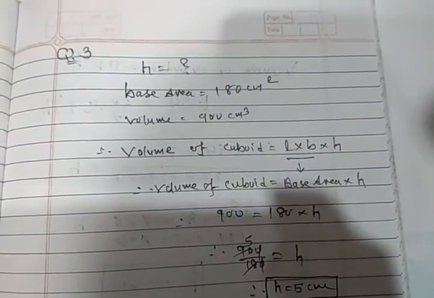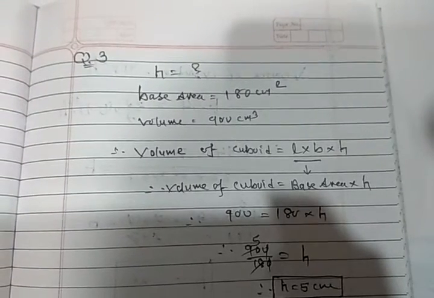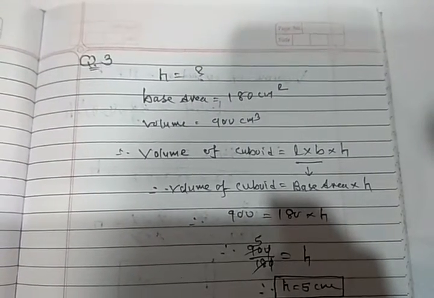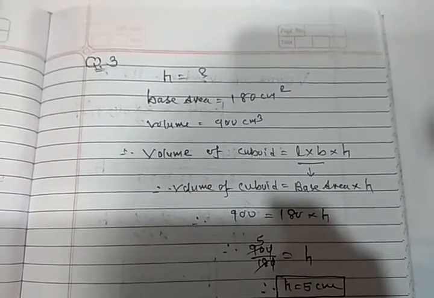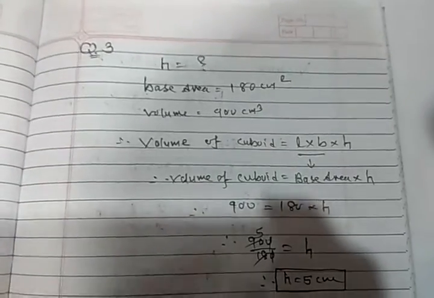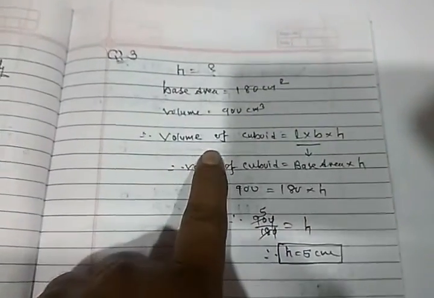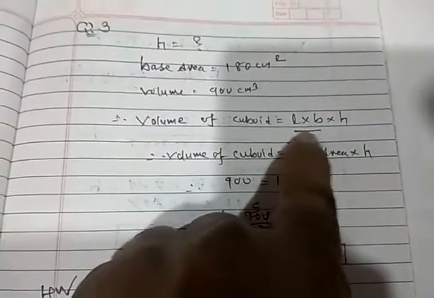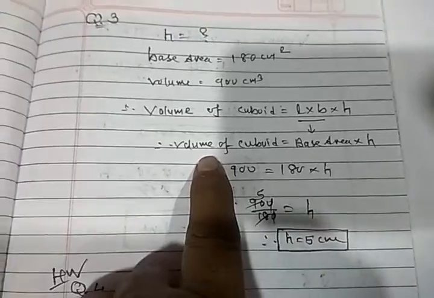Question number 3 is: find the height of the cuboid whose base area is 180 centimeter square and volume is 9900 centimeter cube. According to the problem, I have written the data. H is equal to question mark; we have to find the height. Now volume of cuboid is equal to L B H, because it is a cuboid.